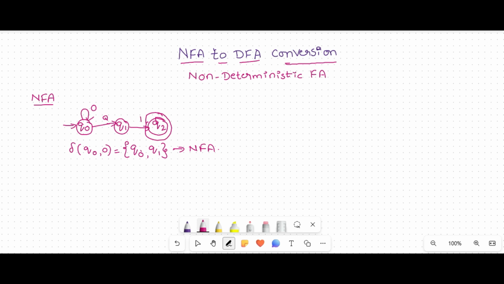Okay, so now this NFA we have to convert into DFA. So how to convert that NFA into DFA? First we will represent step 1. We will discuss the procedure stepwise. So first represent the NFA transition table.